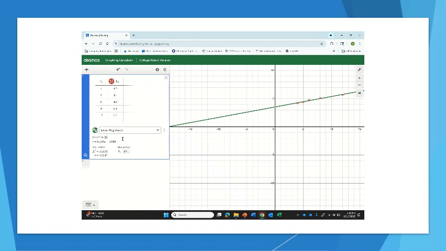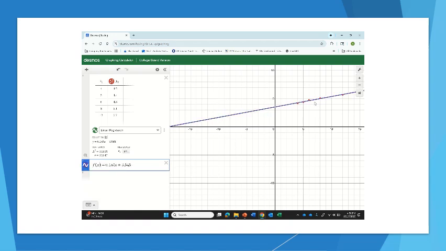Now for part B. Using the linear model from part A, what is the predicted weight of a baby that is 10 weeks old? Looking at our x and y variables, in this case they call it t and w of t, we want to find what our y value is when x is 10. To do that, I would recommend double clicking on this, copying it, pasting it in here, and now replacing y with an actual function, f of x.